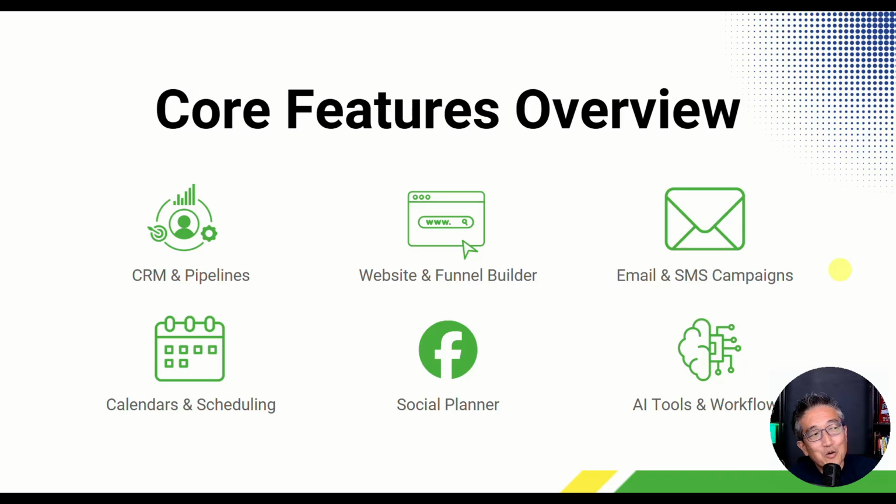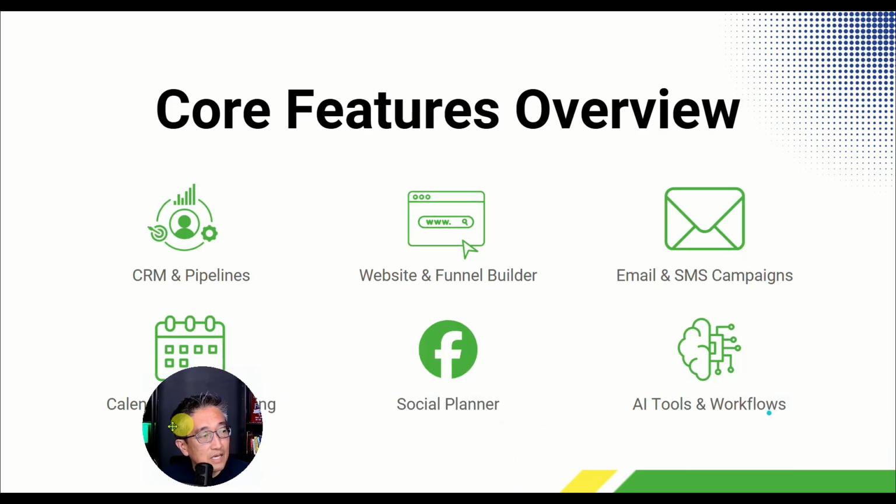All right, so these are the core features: CRM, pipeline, website, funnel builder like ClickFunnels, websites, email and SMS campaigns, calendar scheduling, social media planners, and AI tools and workflows.